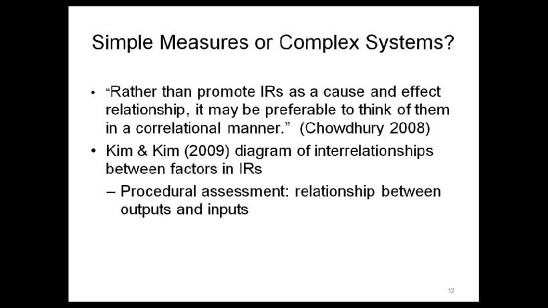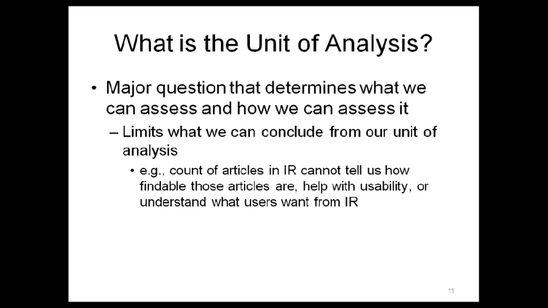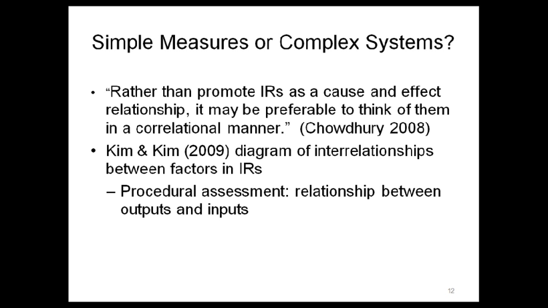So what I have detailed up till now has really been a series of individual measures, and some really interesting, exciting recent work talks about simple measures versus complex systems. On the one hand, with things like the ARL statistics, we are used to counting things, and we see the change in the counting, and those series of measures add up to a demographic profile of the institution in our minds.